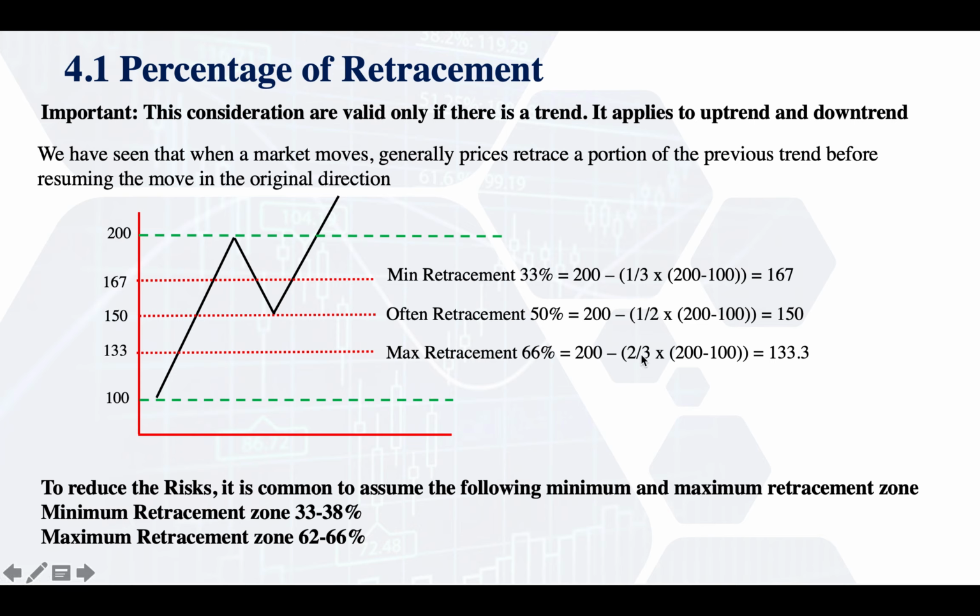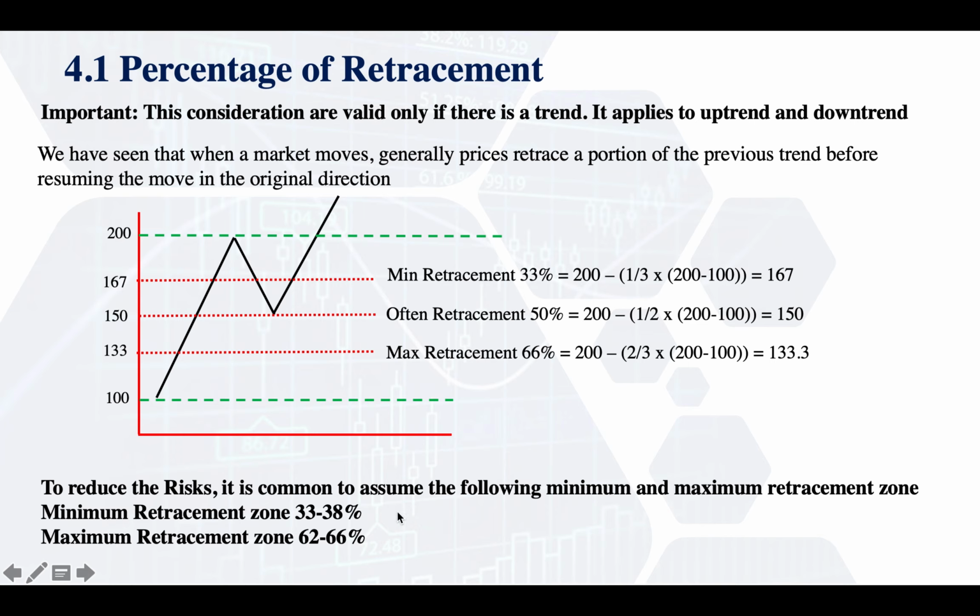I gave you some numbers so you can understand better how to calculate those percentages, but no worries, because the software, the charts, do everything for you. Commonly we can use the minimum resistance zone between 33 and 38, and the maximum resistance zone between 62 and 66. This one is important, please remember it.